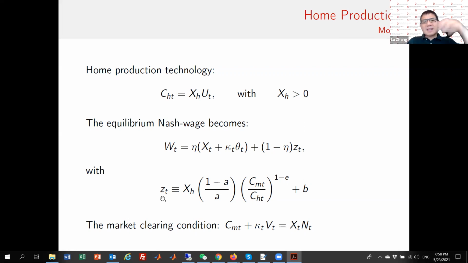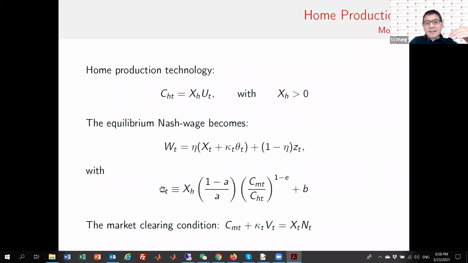In that case, my flow value of unemployment activities is going to go down. So that has the same impact as the earlier comparative statics in the baseline model, in which I lowered the B value, that's going to dampen the disaster dynamics.